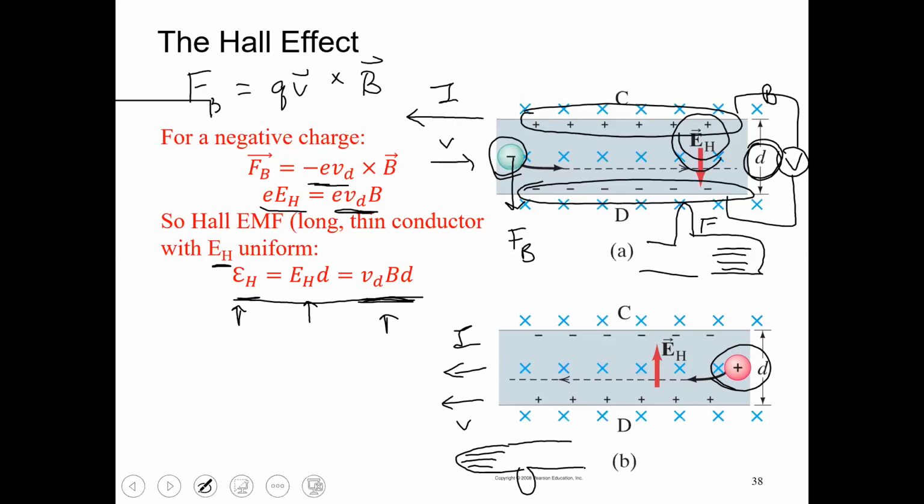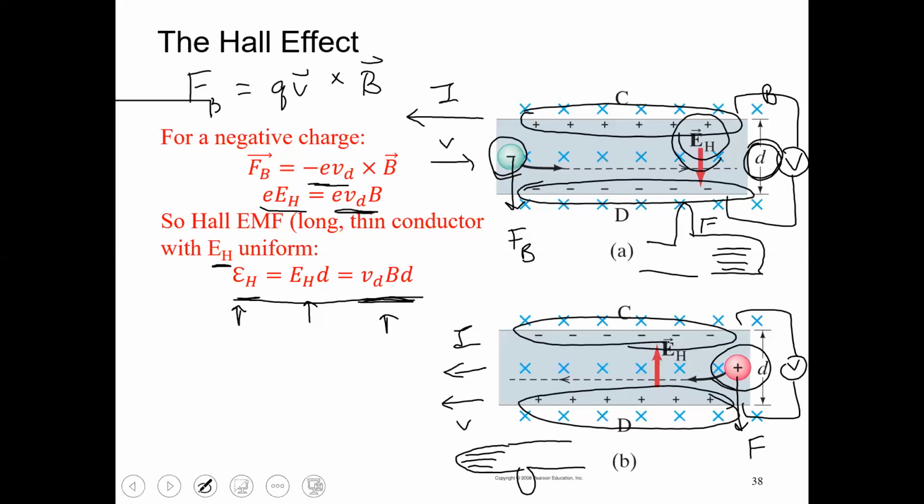And since our thumb would be pointed down, that's saying that this feels a force towards the bottom of our conductor. And if we took that same voltmeter and attached it to top and bottom, we would actually get a different reading, because here we would have positive charge collecting at the bottom and negative charge collecting at the top.